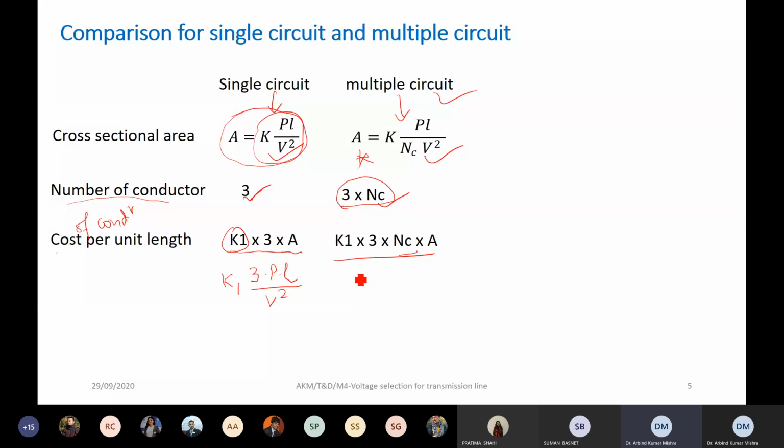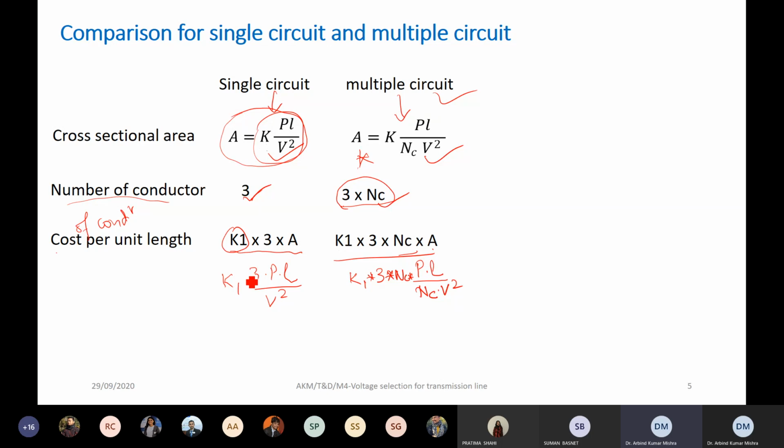And for this also you will get K1 times 3 times the power to be transmitted times the distance, sorry, one NC has been here; I can put 3 times number of circuits times this A, which is PL upon NC into V square.